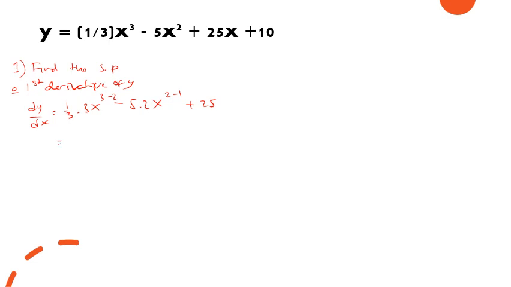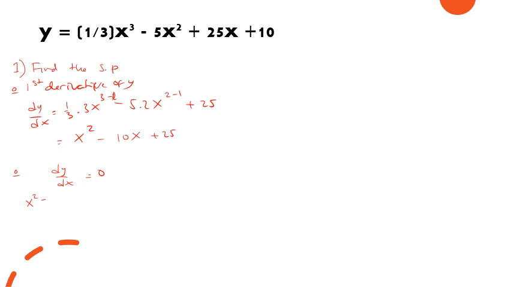Right? 1/3 times 3 is 1. 1 times x is x. And 3 minus 2 is 1. Sorry, this should be 1. So this is x quadrat, and here is 10x plus 25. Now set dy/dx equal to 0.